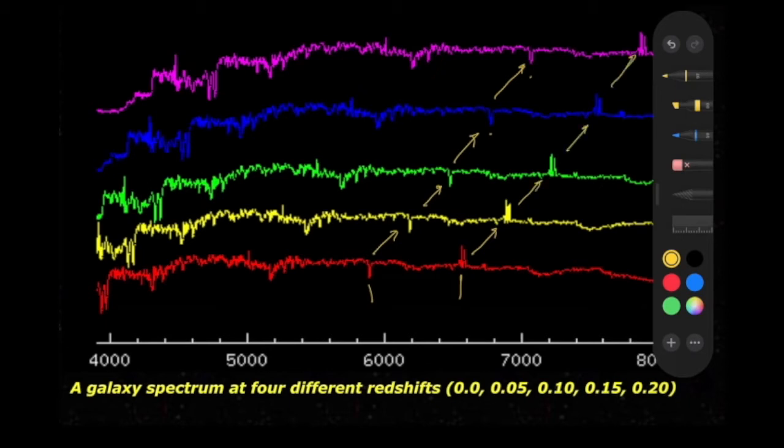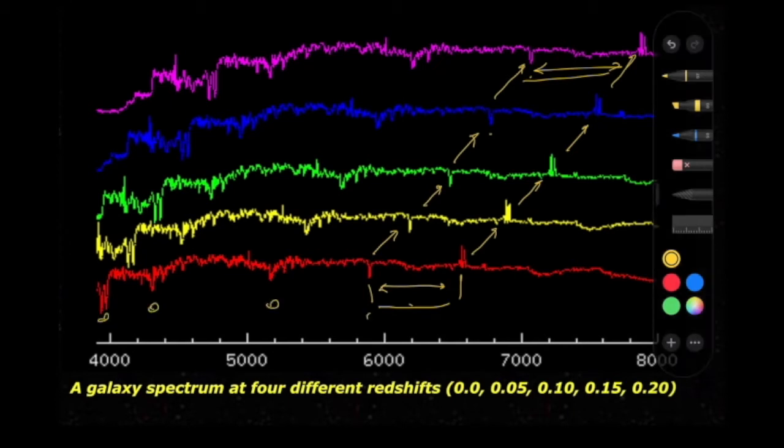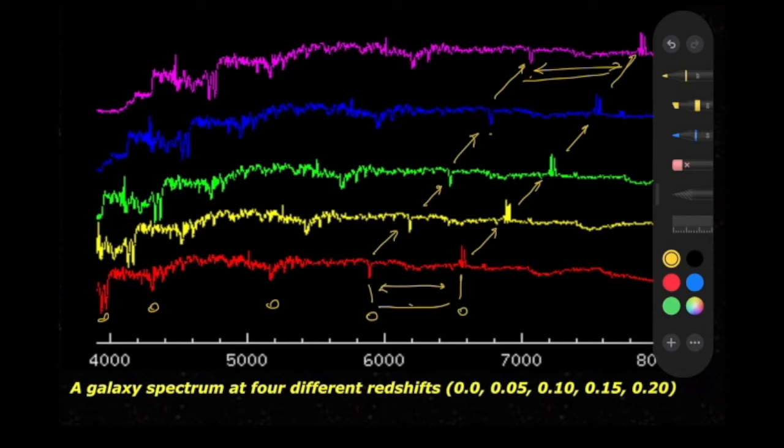You can see the amount of shift is different at different places. The shift is more here compared to the shift here. But if I can identify all of these lines, which I'm pointing out in the lowermost spectra, then if I look at this spectra I will be able to figure out what those lines are in the red spectra.